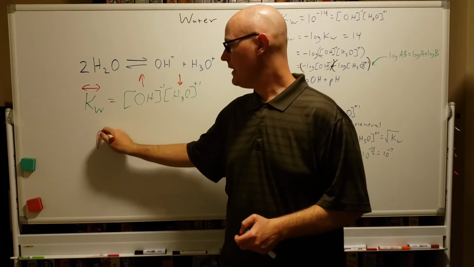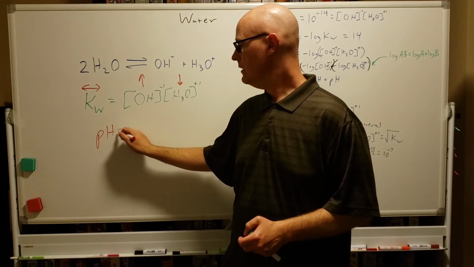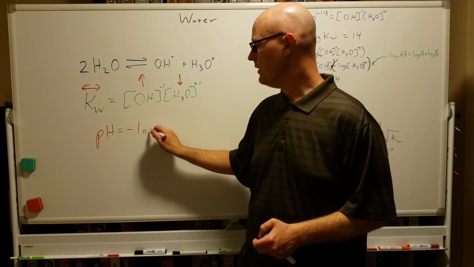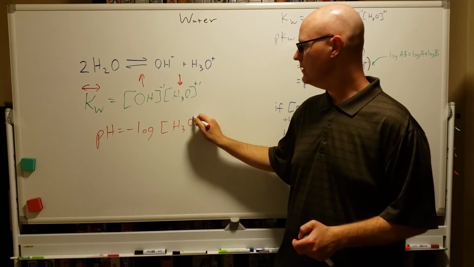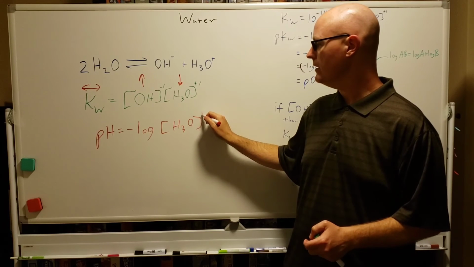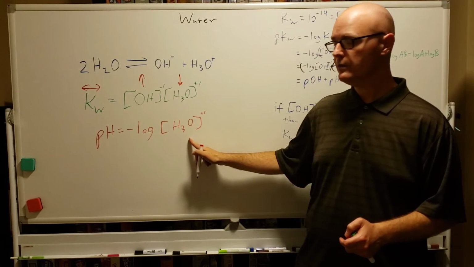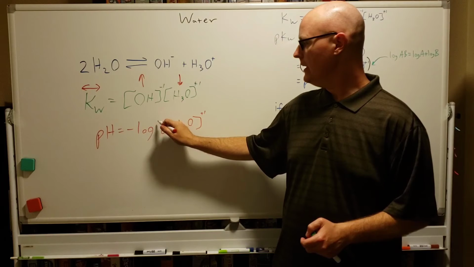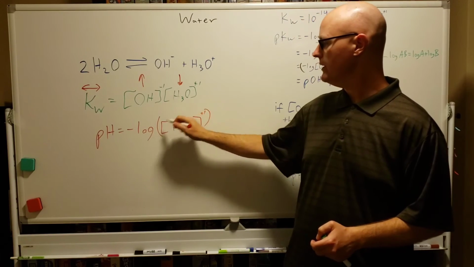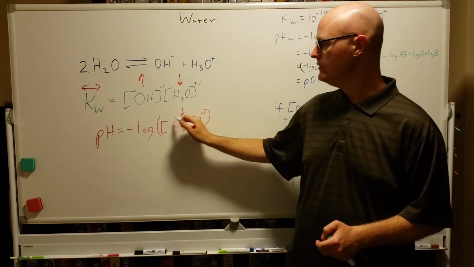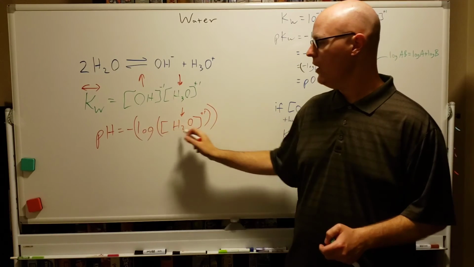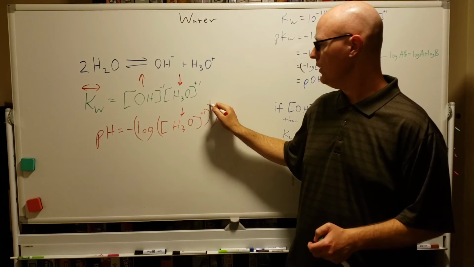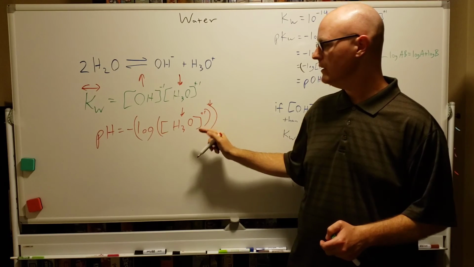And since the pH is equal to negative log of the hydroniums, if this quantity goes down, then the log of that quantity will also go down.